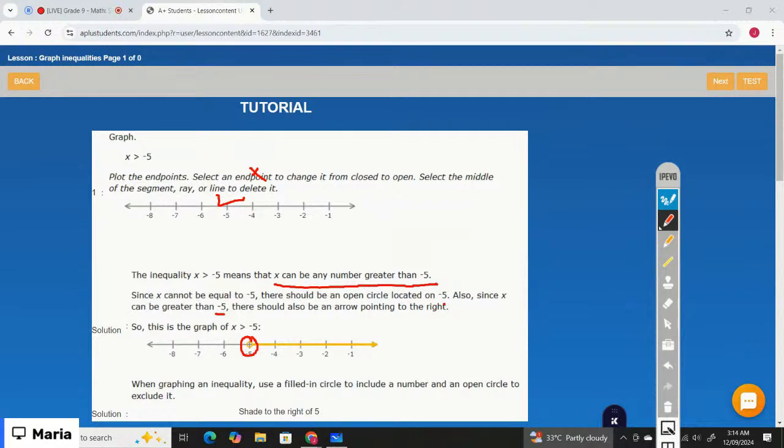So you have to check two things: which side the arrow is pointing, and whether you have an open circle at negative 5, yes or no, right?